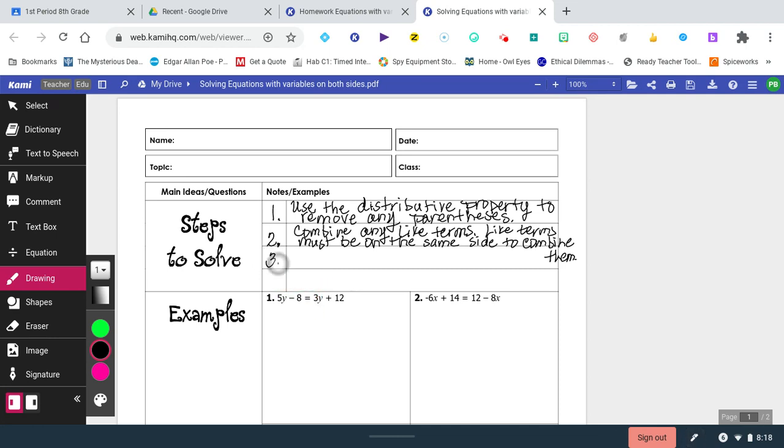All right, the third step is going to be to remove one of the variables by using an inverse operation.